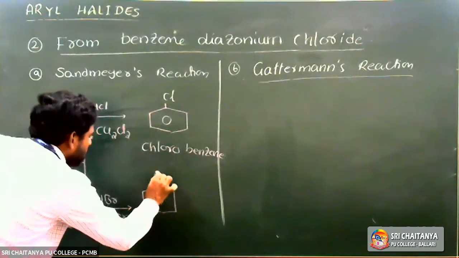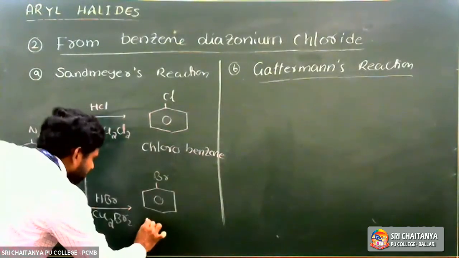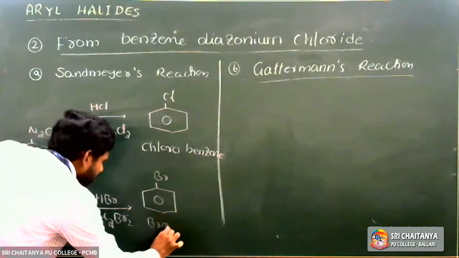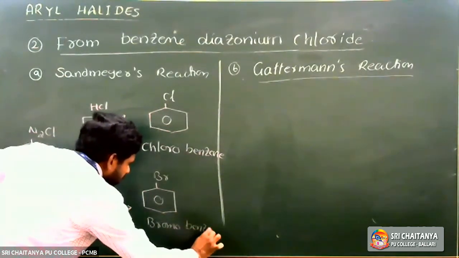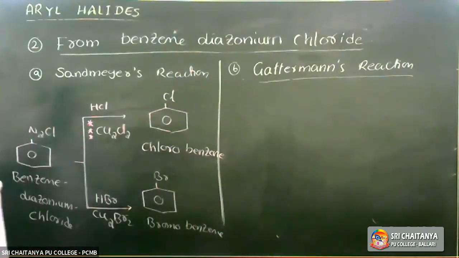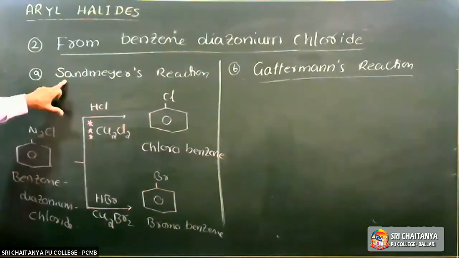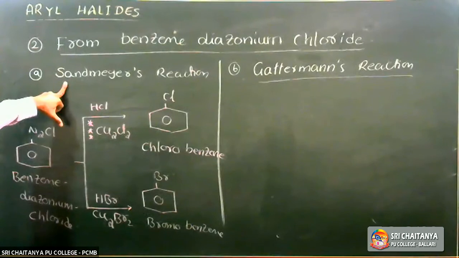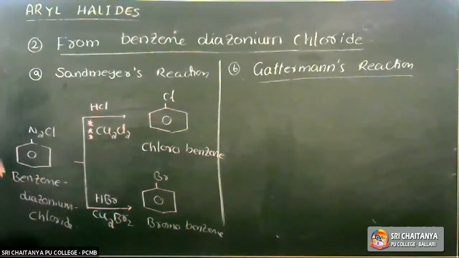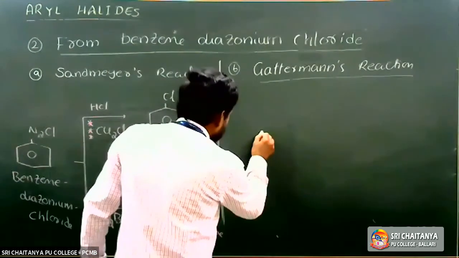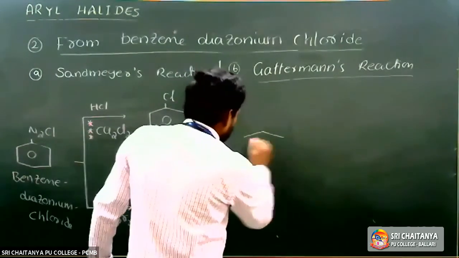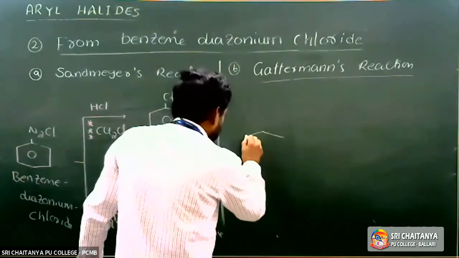So it is called bromobenzene. So what is the name of the reaction? Sandmeyer reaction. What is the Gattermann reaction? And what is the difference between Gattermann reaction and Sandmeyer's reaction?